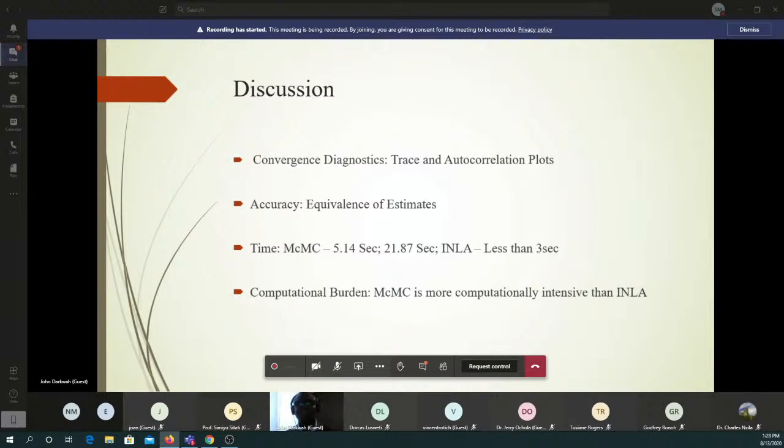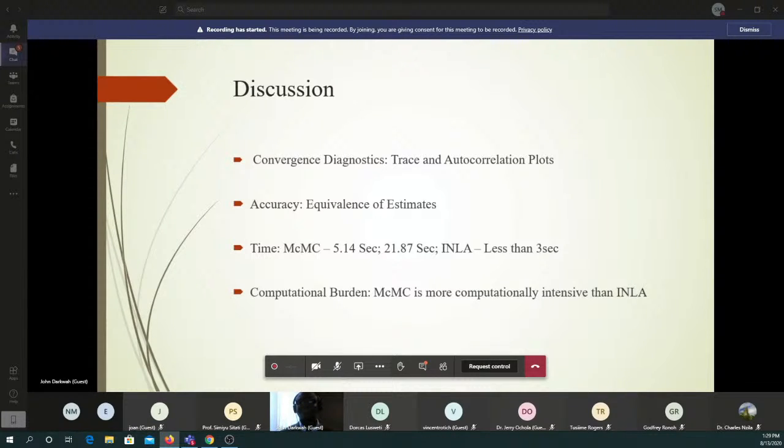And then when we look at the computational burden, we see that MCMC is more computationally intensive than INLA, because with MCMC you need to identify your prior, you need to identify your likelihood, determine your posterior distribution, and then deduce your full conditionals from which you will estimate the parameters.